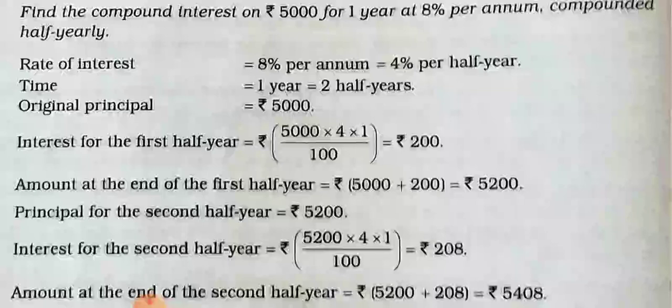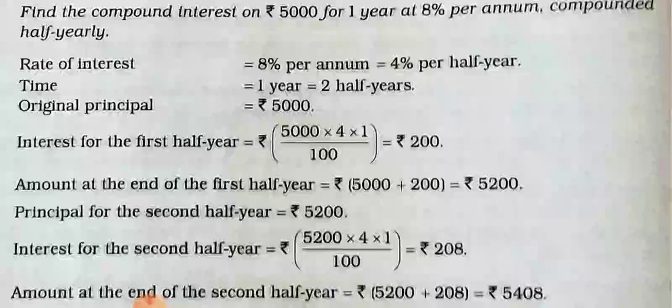So the amount at the end of the second half year is 5,200 plus 208, and the whole amount is 5,408.